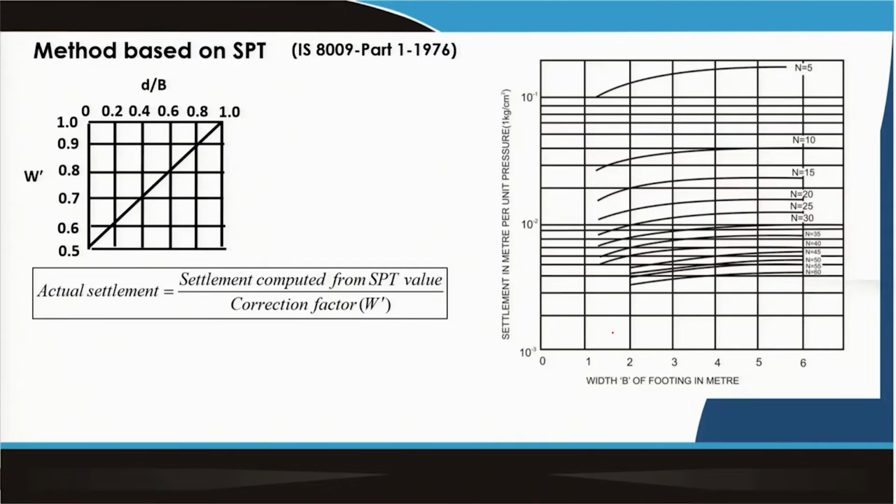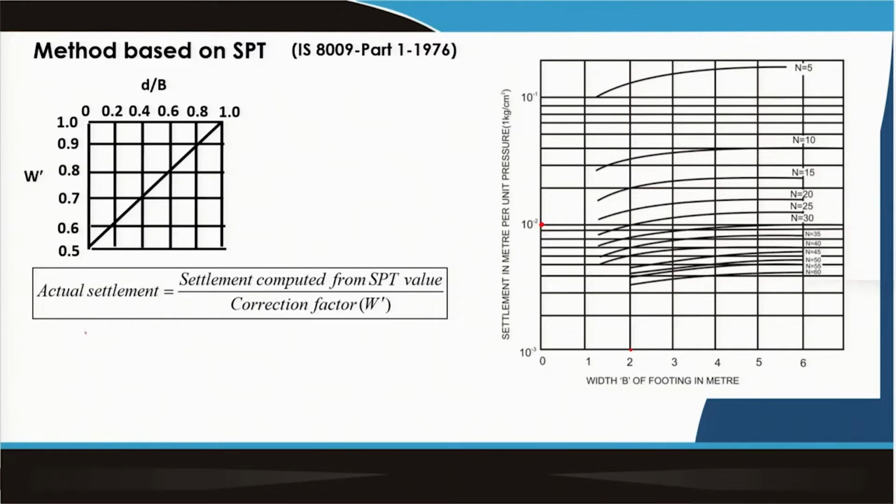So, here I will use the SPT based method as per IS 8009, where the settlement curve chart is here. So, our width of foundation is 2 and N value is 25.